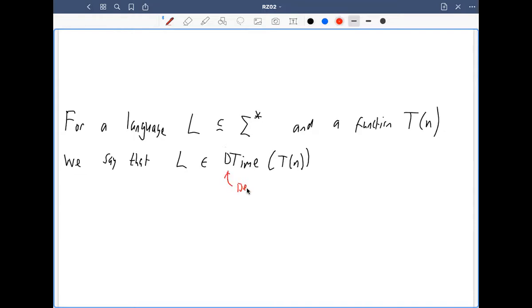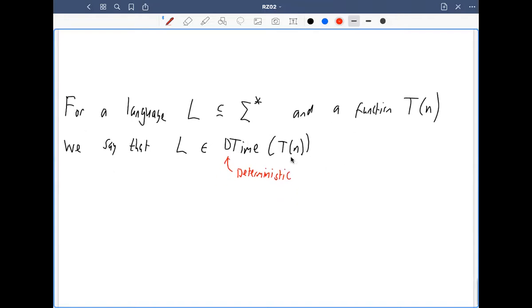So let's keep the D in, because these Turing machines we've been looking at today are deterministic. That's whenever in any configuration, there's at most one step of computation they can do, because the transition we specified was a partial function.